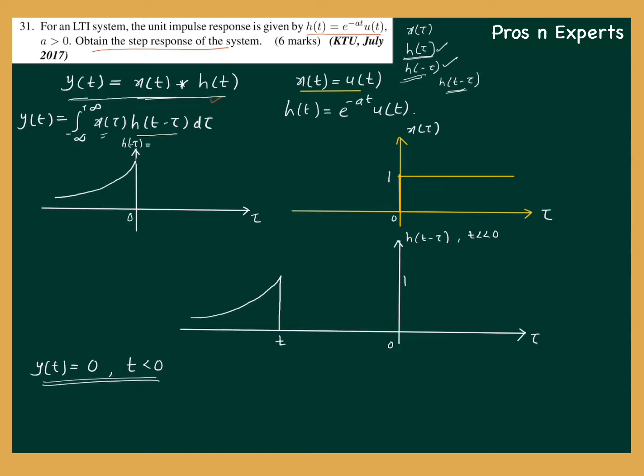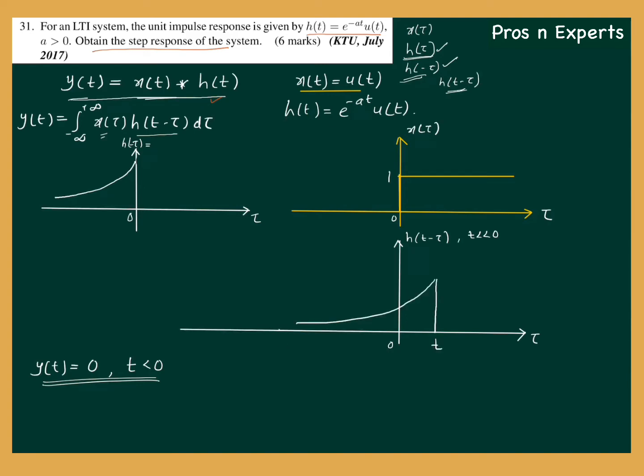What is the next condition? As you can guess, the signal is shifted towards the origin, and after t greater than 0, h of t minus tau overlaps with x of tau. I can draw that condition.